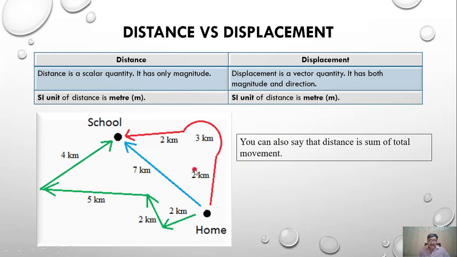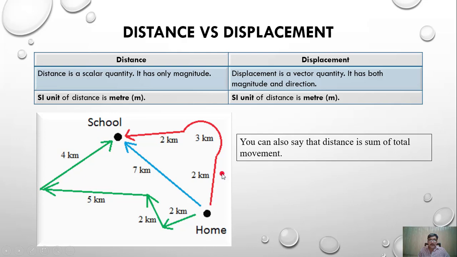So you can see in the example here that this red line is not your displacement, it will be your distance because it is not in a straight line. Same is the case with this green line. It is the path which is covered from home to school.